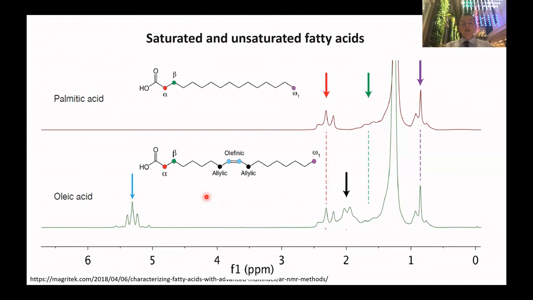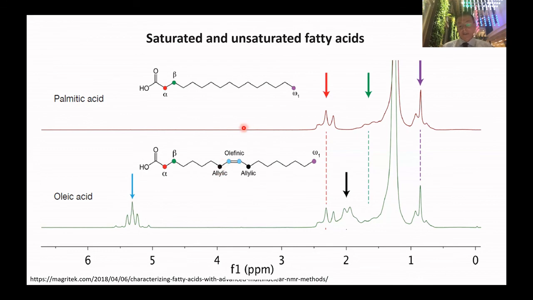Then you will find two extra peaks. The first is the double bond, at 5.2, and the next is the allylic methylene proton, which you will find at 2.